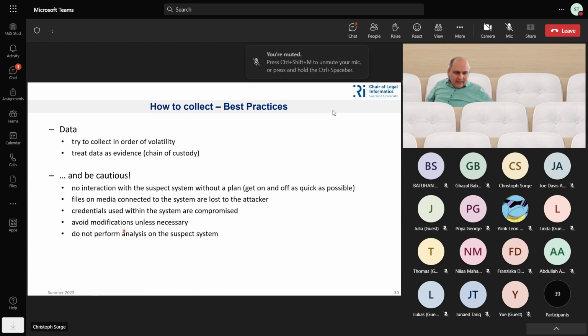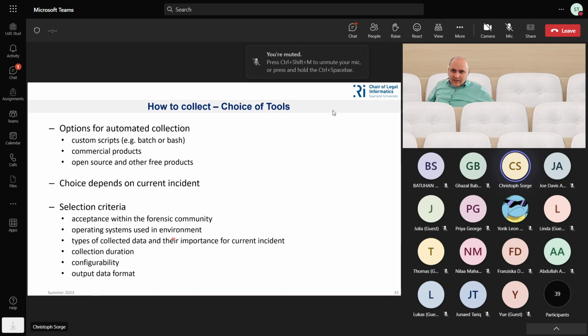And the suspect system, if you think it might be compromised, there are two reasons not to perform the analysis. Firstly, the system might be compromised, so your tools might also be compromised. And secondly, anything you do in the target system might change the system. So that's another reason to just collect data and then analyze that on a separate system.